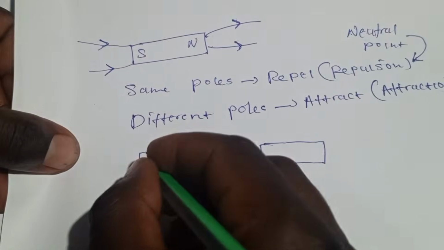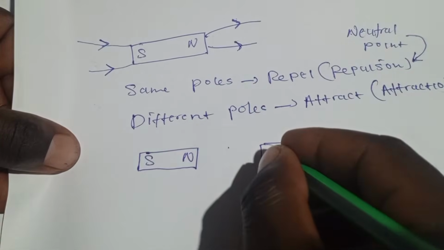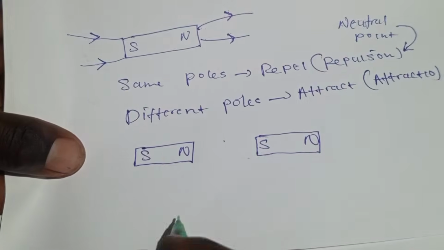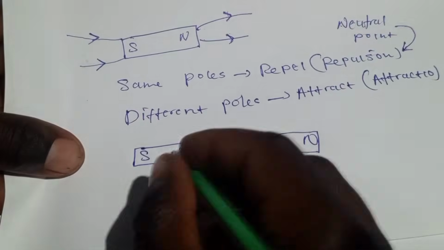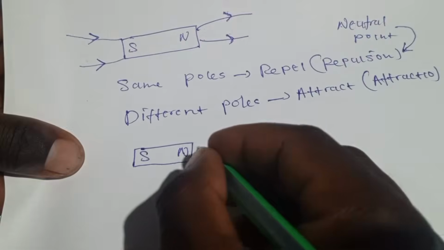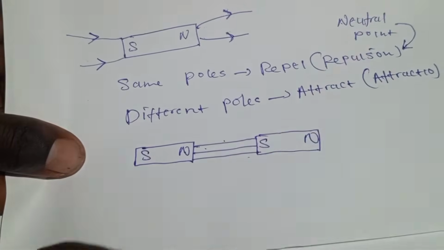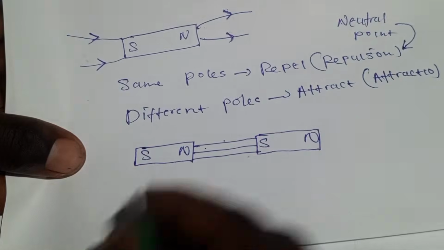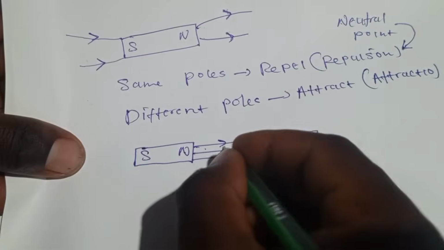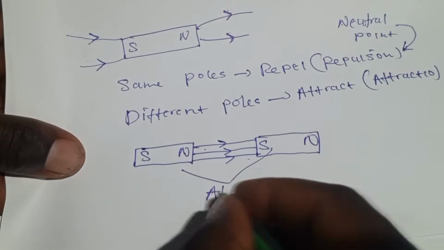Let's assume this is south pole, then this is north pole, then this is south pole, then this is north pole. In this case, you are going to have attraction, because these magnets have different poles. To show that this is attraction, remember, the north pole releases magnetic field lines, so we are going to have something like this. So this is now attraction.